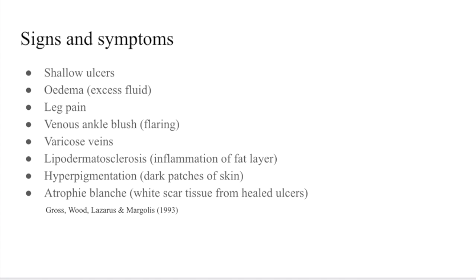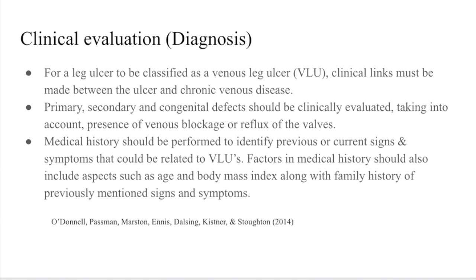In terms of diagnosing a patient, we need to consider that there are multiple conditions that may cause ulceration, including those relating to diabetes and arterial factors. For the diagnosis of venous ulcers, there must be clinical links between that ulcer and chronic venous disease.